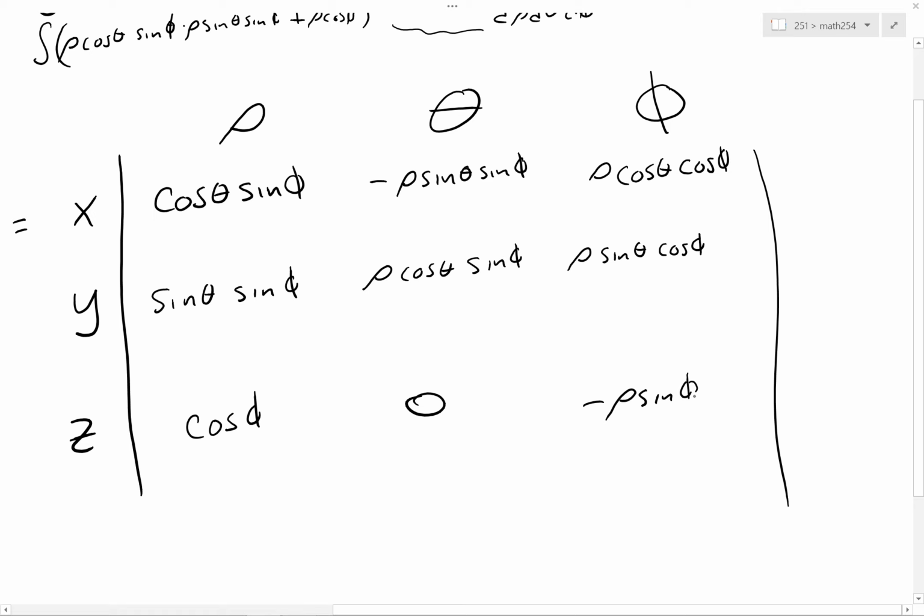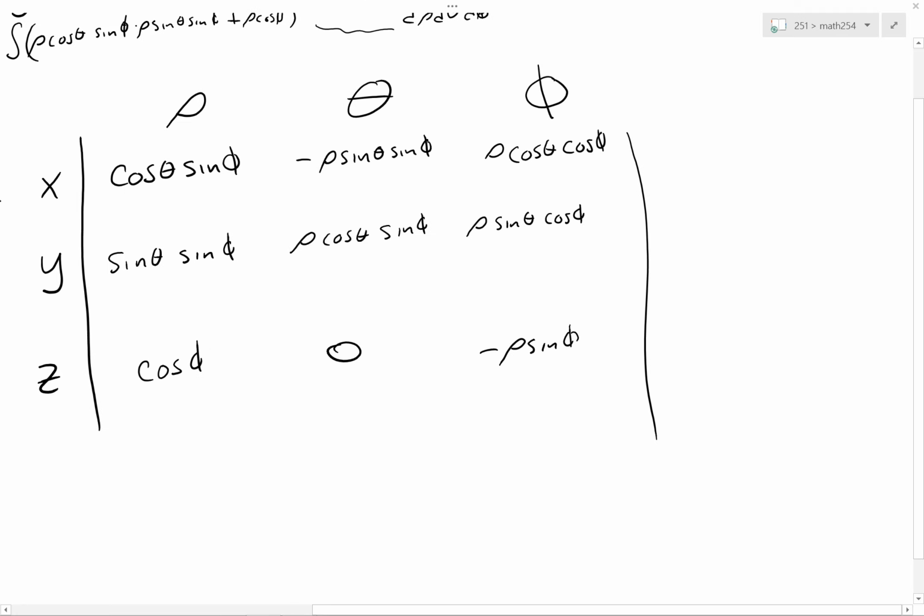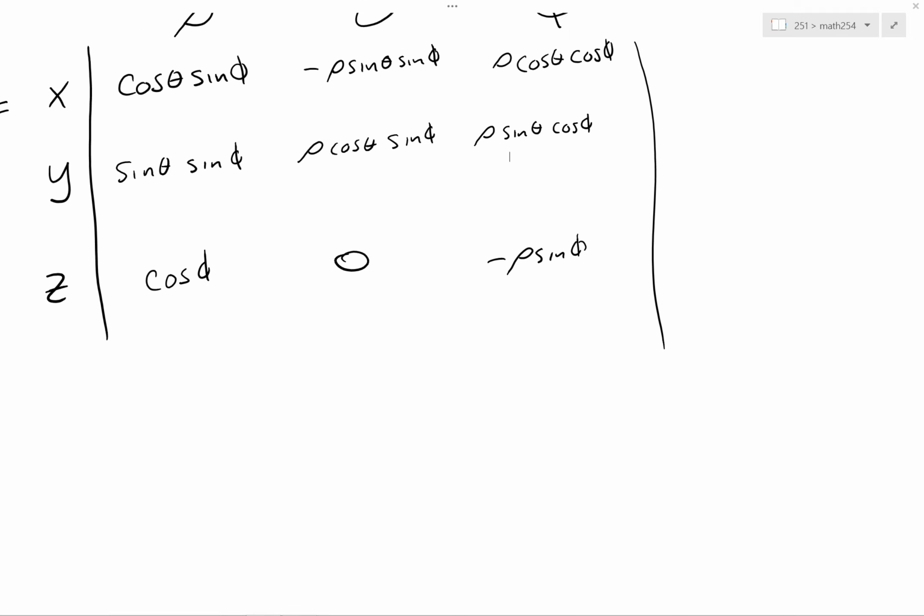Now, I haven't done this by hand in a while because, well, it isn't fun. But I'm going to attempt it this morning to see what I get. So we're going to do this by expansion by minors. We take the cosine of theta sine of phi times, and remember it's these guys here, so it's this times this minus that times that.